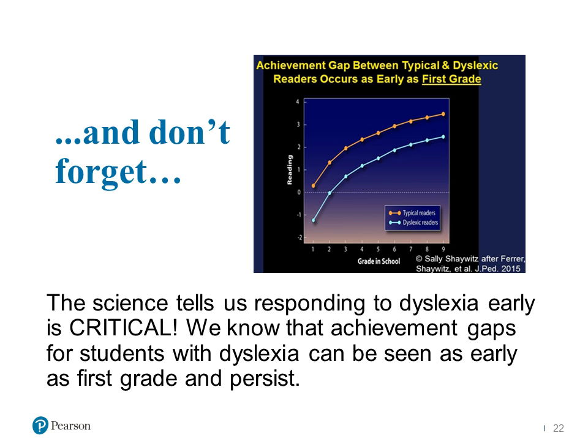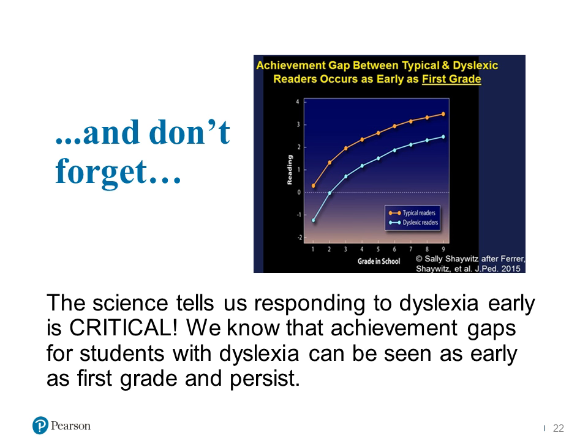You can see in this chart here, which is a reproduction of Dr. Sally Shaywitz's work in 2015, that the achievement gap between kids with typical reading and those with dyslexia occurs in first grade and persists all the way through ninth grade on this slide. So we know that that's the case.